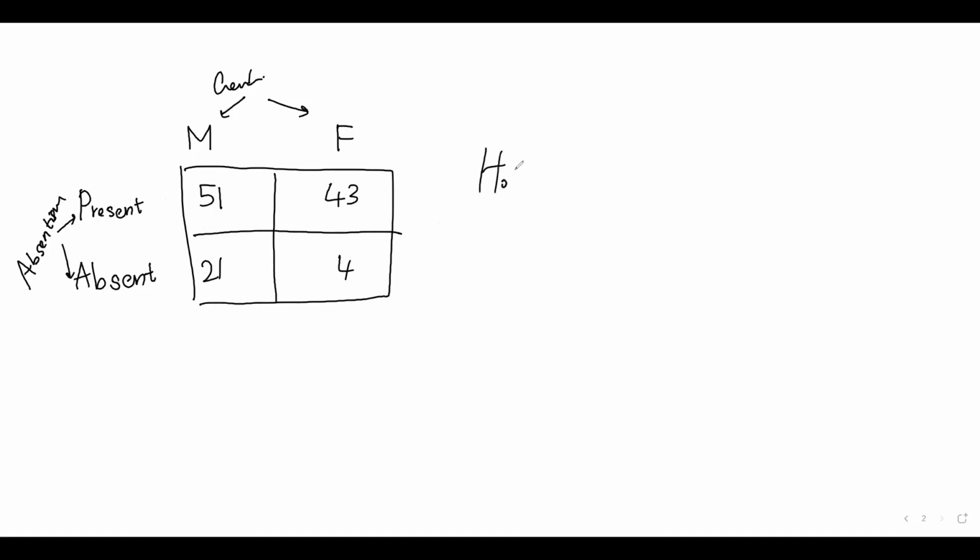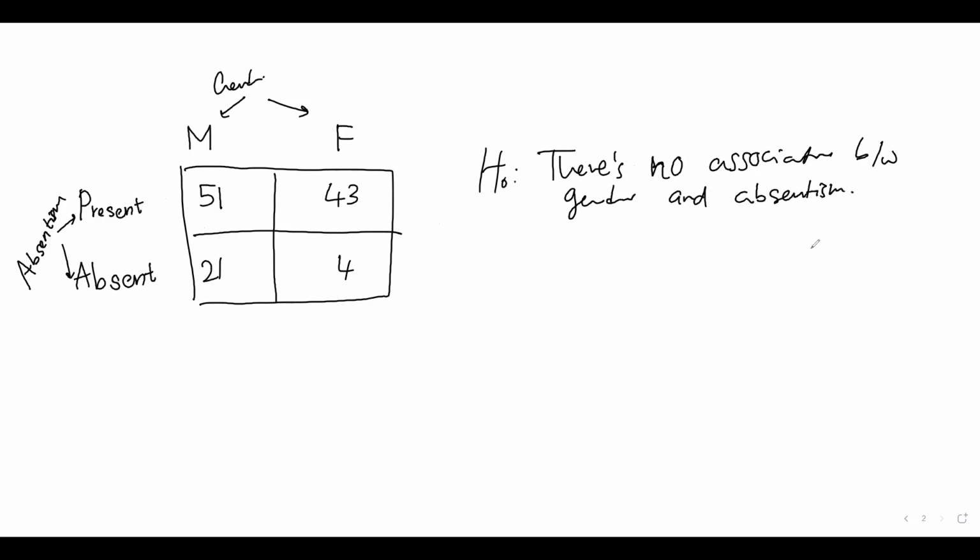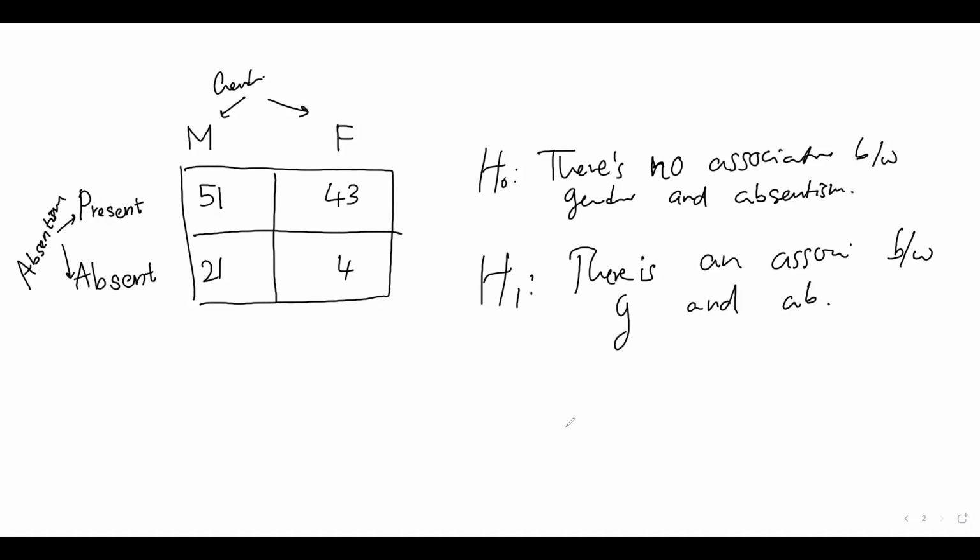So your H naught is what? There is no association between gender and absenteeism. H1 is there is an association between gender and absenteeism. You have to write it completely, right?